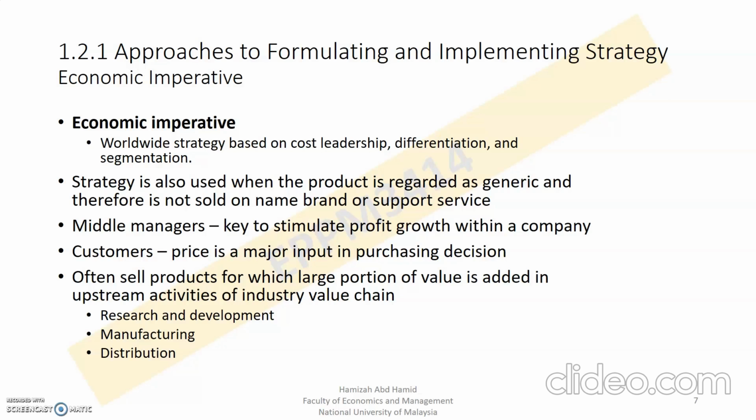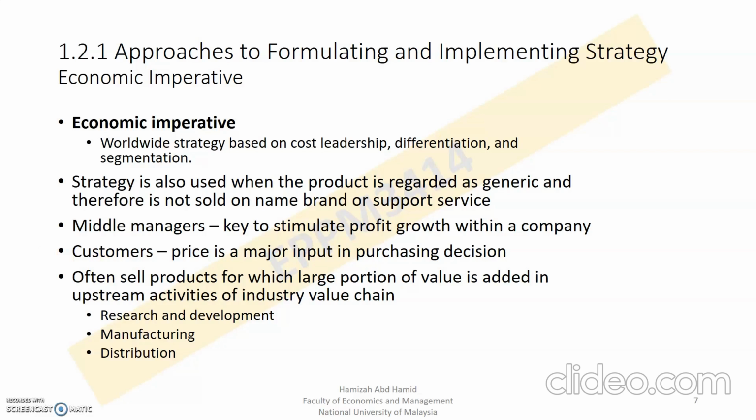So this strategy is usually used when companies sell products for which a large portion of value is added in upstream activities of the industry's value chain. Early or upstream activities in the industry value chain include research and development, manufacturing, and distribution.